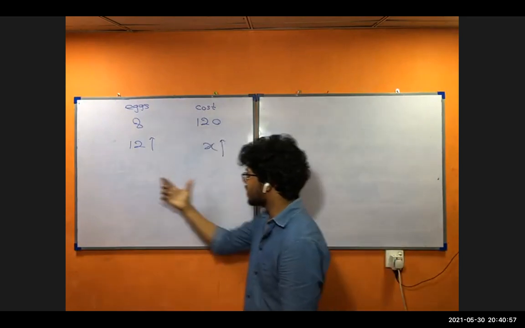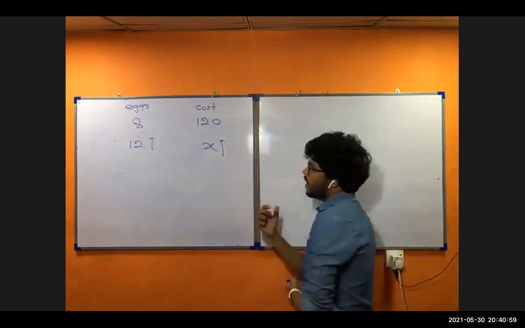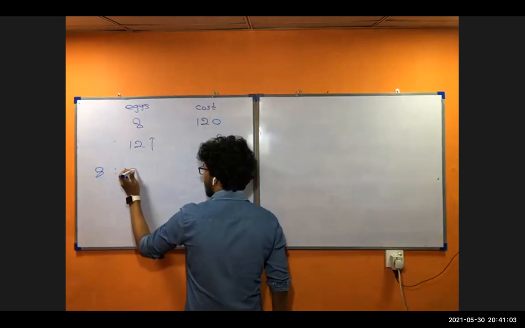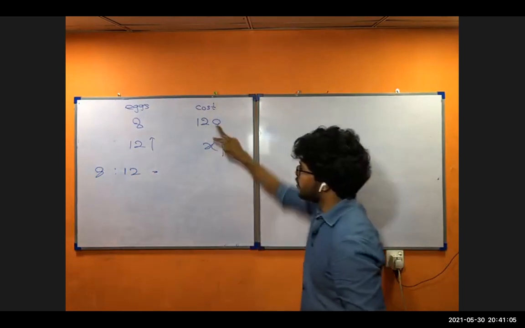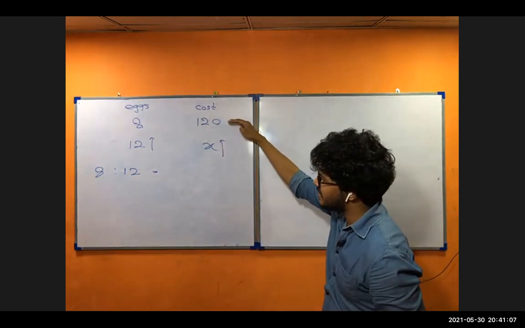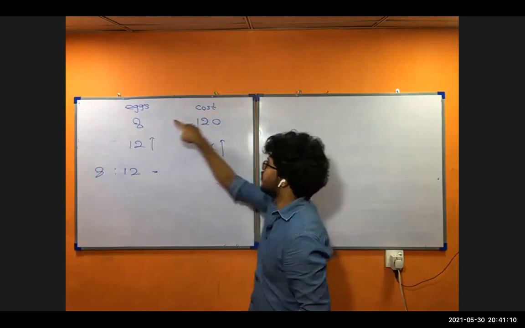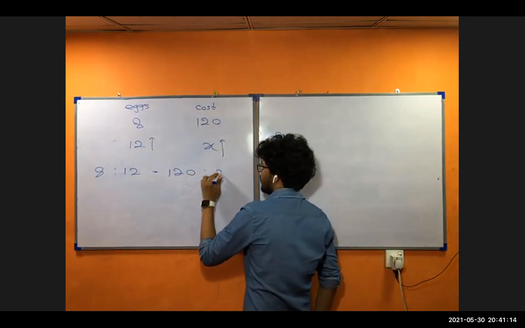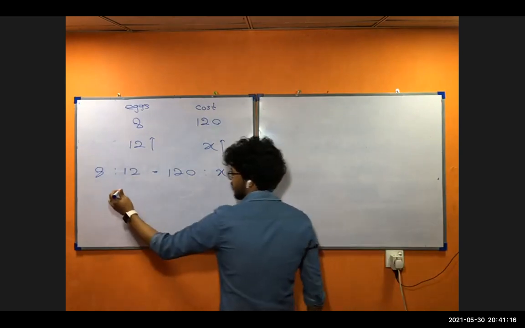Since this is direct proportion, what can you write? You will write 8:12 is equal to, you are not going to swap them. You write it as it is. You wrote this first, so you have to write this first. Why? Because of direct proportion. 120 is to X. Now you can write it as a fraction.